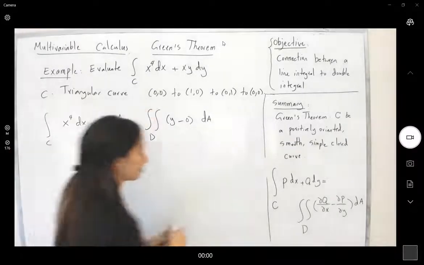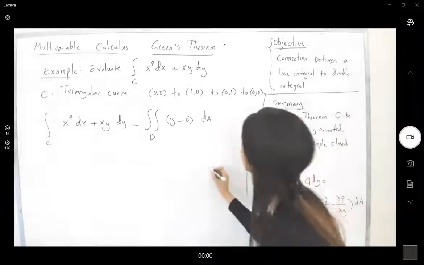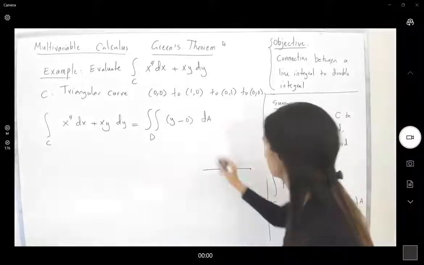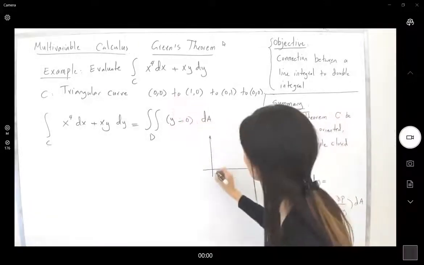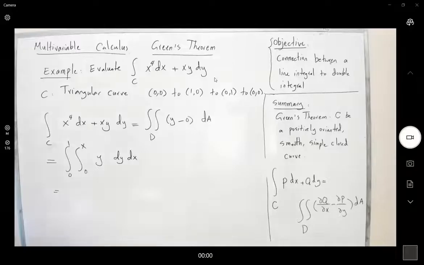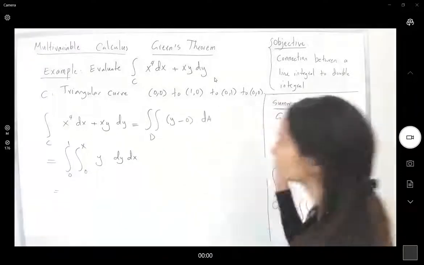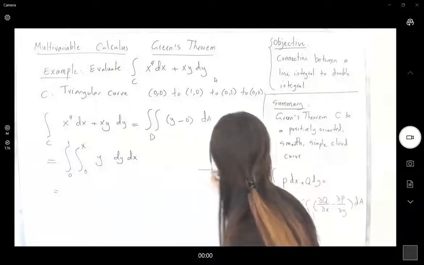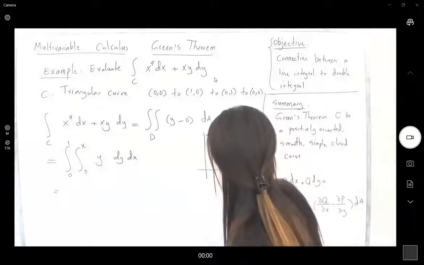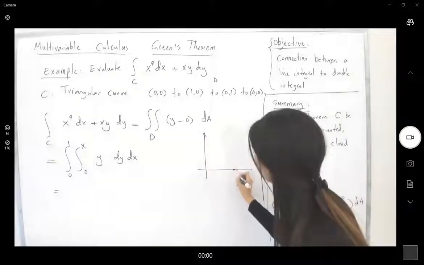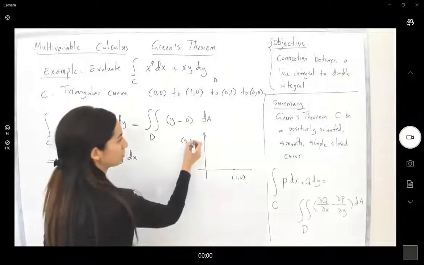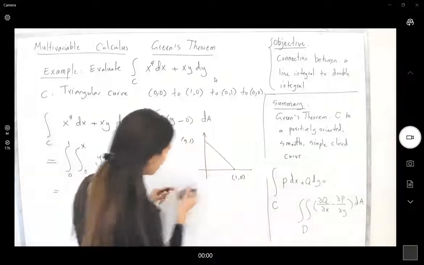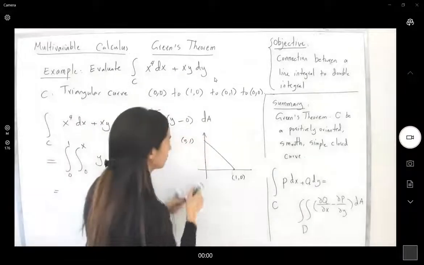So let's graph this region quickly: from (0, 0) to (1, 0), (0, 1), and this is our C, and this is our D.